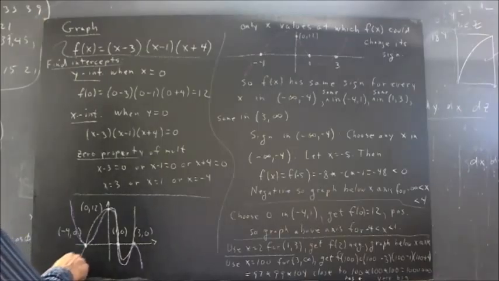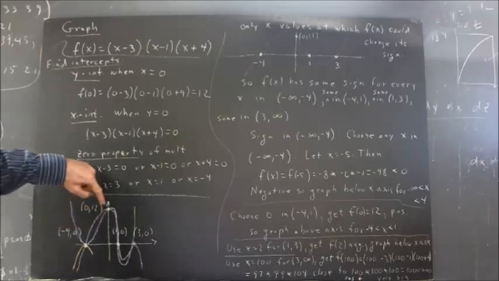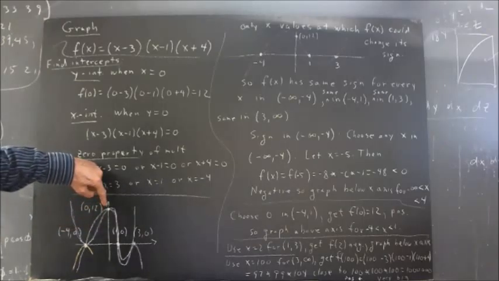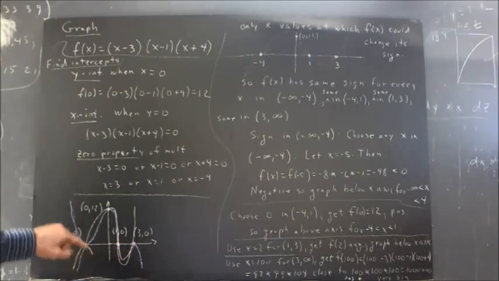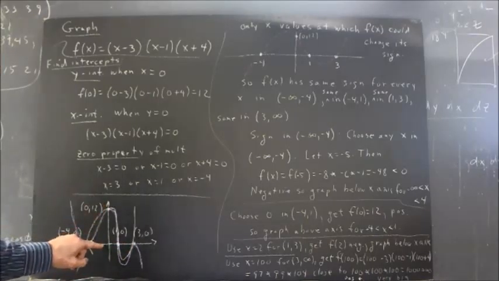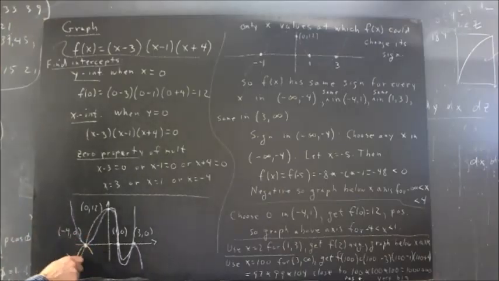It could come up, well, now it can't do this. It can't turn around at this point, because if it did, it would not be able to get up to (0, 12), because the only place the function can be 0 is at these points. If it turned around and tried to come back up through here, it would be 0 at another point. So that's not going to work.